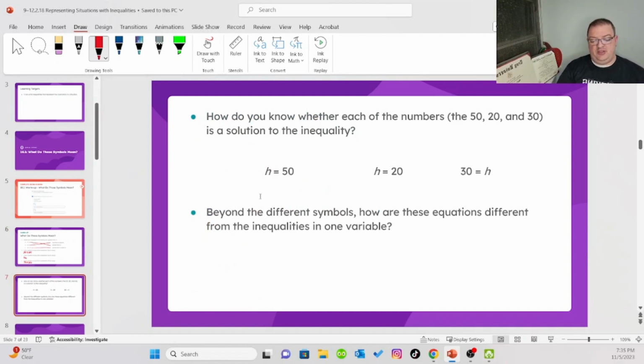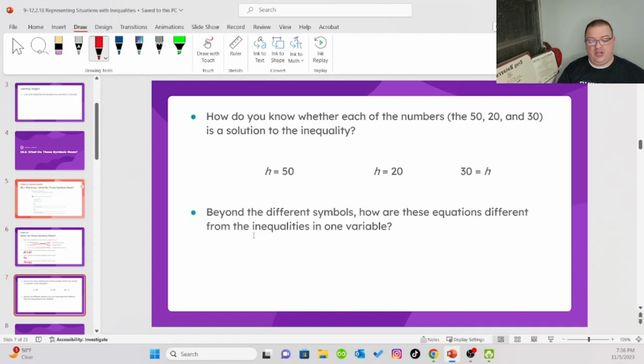Beyond the different symbols, how are these equations different from the inequalities in one variable? So when we have equations, we're saying the left side is equal to the right side.